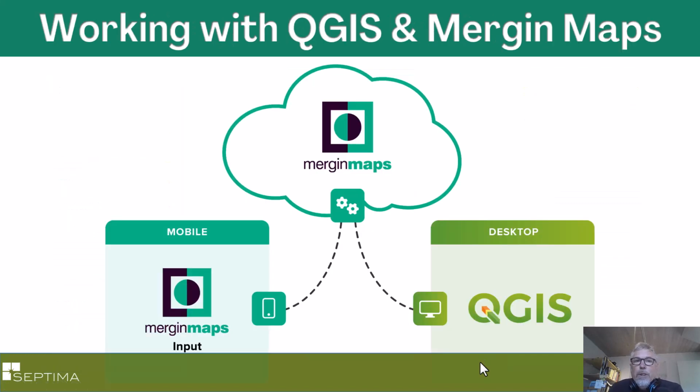So when working with QGIS and Mergin Maps, the option that we're going to learn that gives you the most flexibility is to set up your project in QGIS Desktop. So we'll be doing most of the work there. This is where we'll set up our layers and other project level settings that Mergin Maps can use. And then we will use the plugin to push our project up to the cloud as a Mergin Maps project.